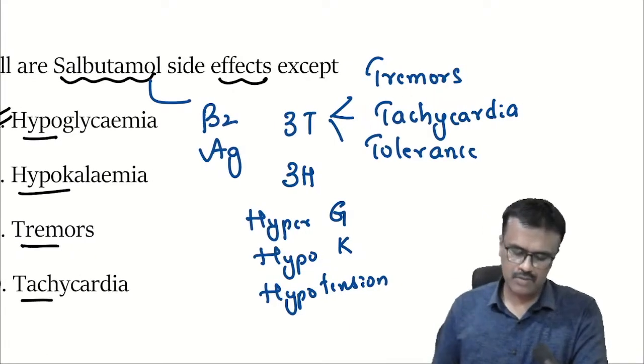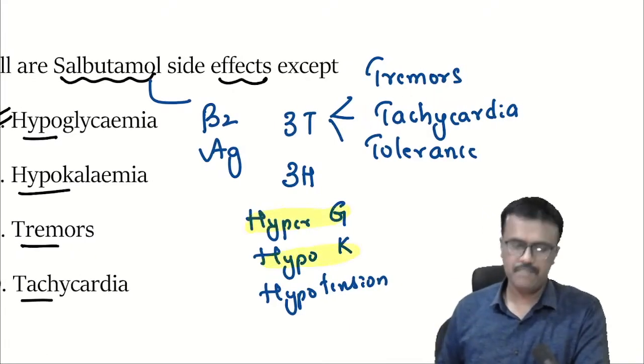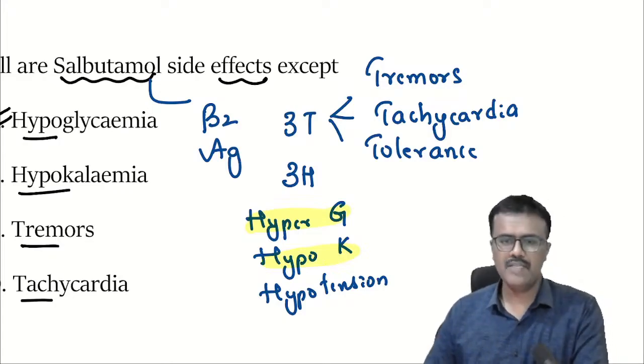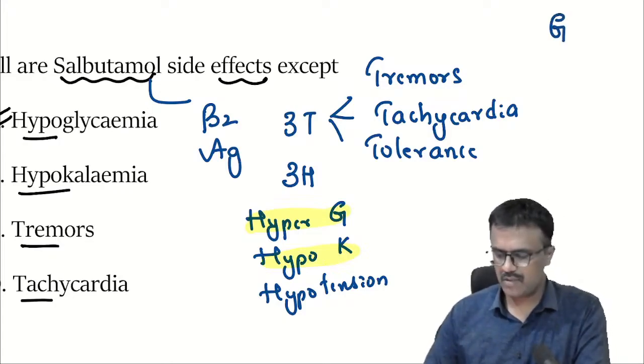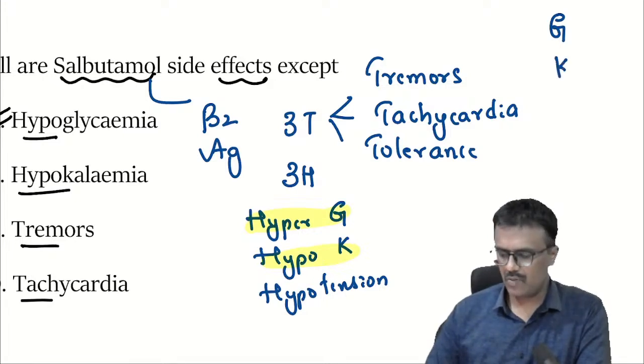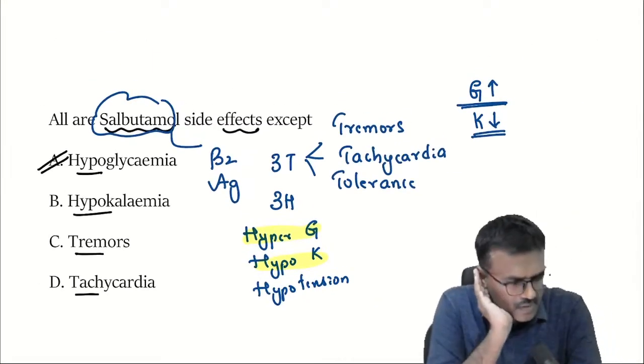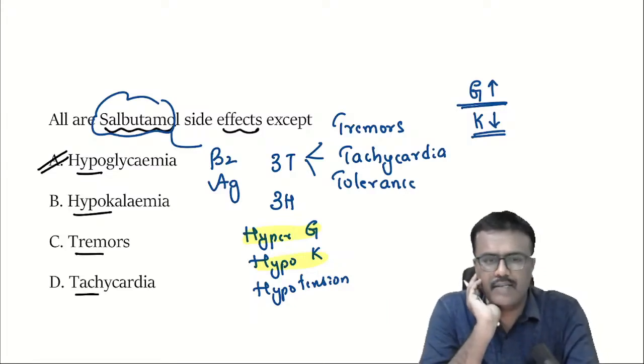Yes, we confuse hyperglycemia and hypokalemia. How to avoid this? Remember, A, B, C, D, E, F, G comes first. H, I, J, K. So what is up? G. What is down? K. So hyperglycemia, hypokalemia. So Rutul Shah, I hope you will not make this mistake in the exam.